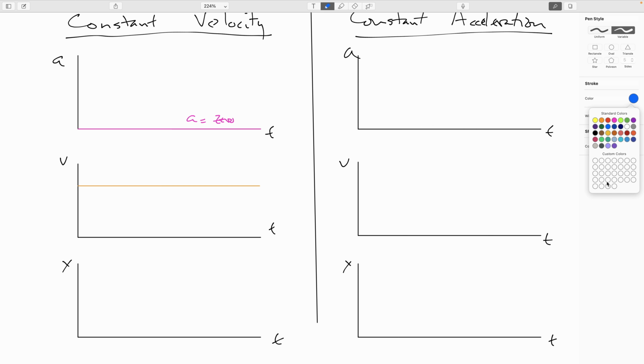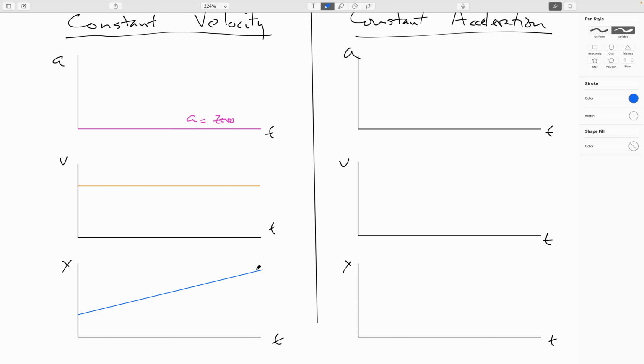And here, since the velocity is the slope of the position time graph, if this value never changes, then that means the slope of this never changes, and so you'll have a straight line for the position time.